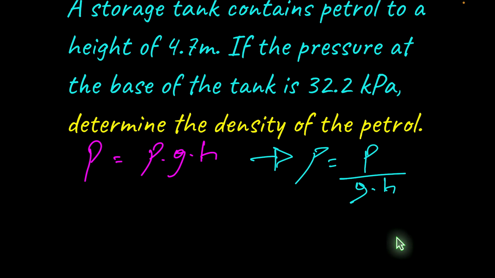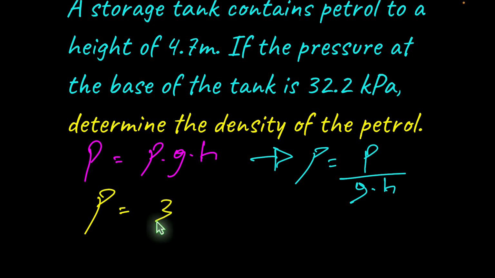So let's go ahead now and insert the values that we have into this formula to find our density. So our density is equal to, so the value we got for pressure is 32.2 kilopascals.